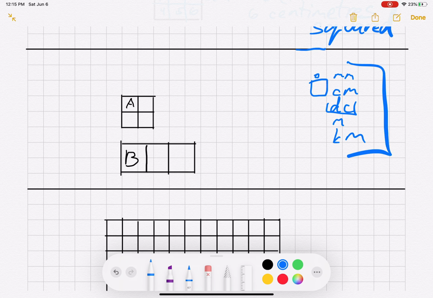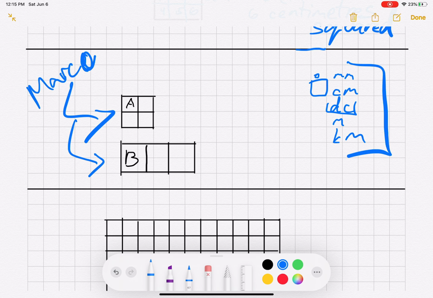Now, my little friend Marco here, he thinks that A has a larger area, takes up more space, than B. Why is he wrong? Pause the video.